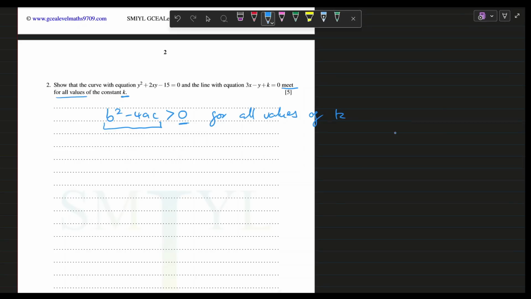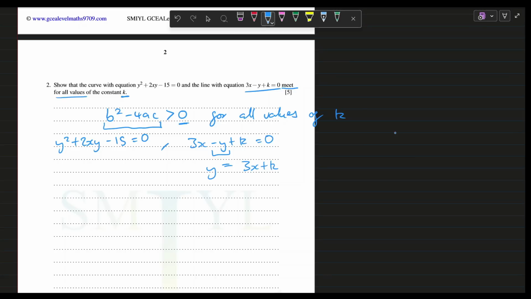So let's do that. So we've got y squared plus 2xy minus 15 is equal to 0, and we also have 3x minus y plus k is equal to 0. So initially we want to solve these two equations simultaneously and then reduce to a 3-term quadratic. So the way we're going to do that is we want to make y the subject of the formula in this equation, so that y is equal to 3x plus k.